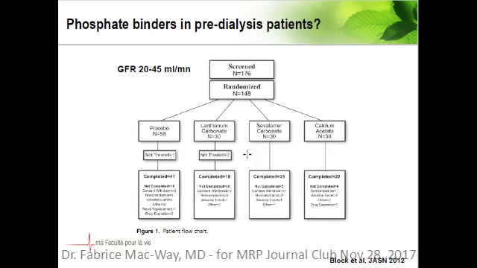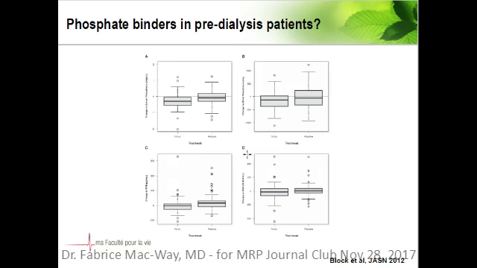These patients had GFR between 20 and 25, no hyperphosphatemia. They were put on placebo or phosphate binders: calcium, sevelamer, or lanthanum. First, there was no effect on the level of PTH and no effect on the level of FGF.